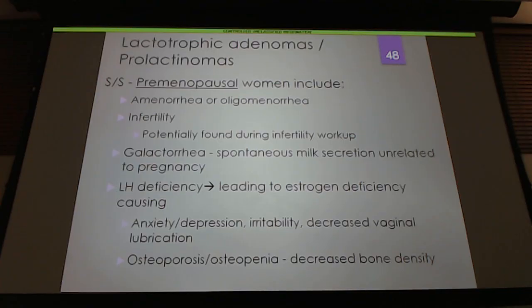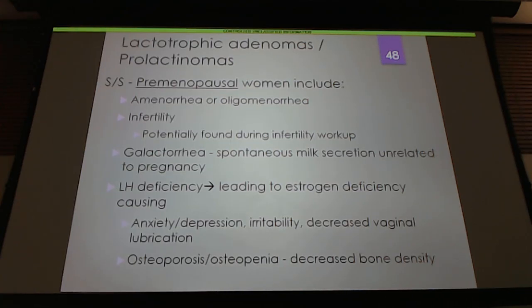Galactorrhea, what's that? Oh, I guess I told you, it's right there, sorry. Spontaneous milk secretion outside of pregnancy. And then here's that LH deficiency. If I have less LH, I'm going to have less estrogen. So then I have maybe a 30-year-old female who's starting to present like she's postmenopausal: vaginal dryness, skin changes, irritability, low sex drive, mood changes.